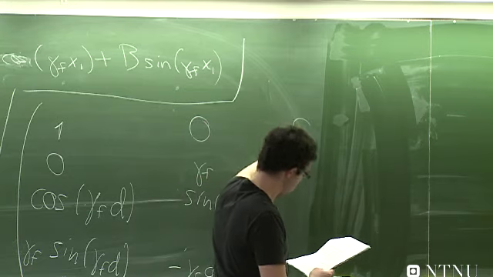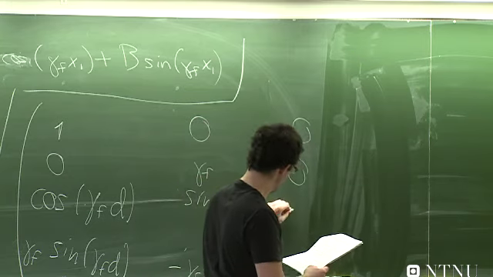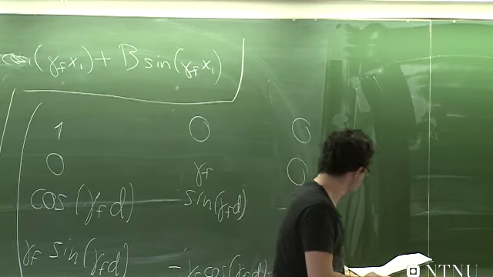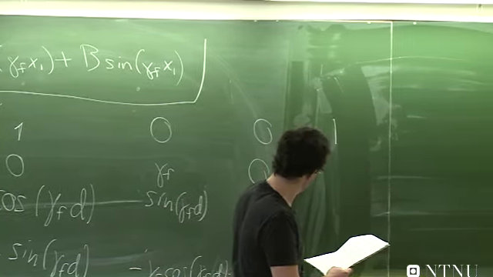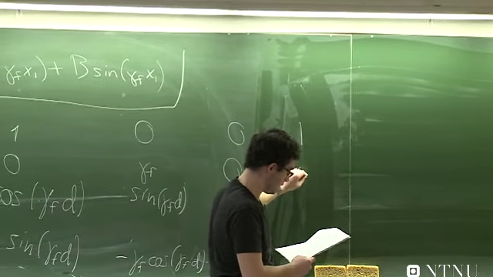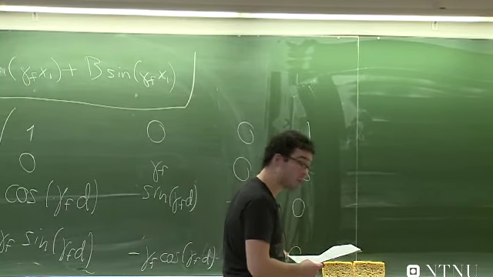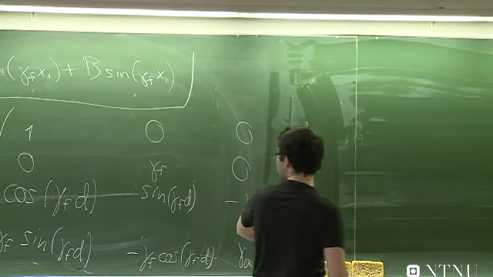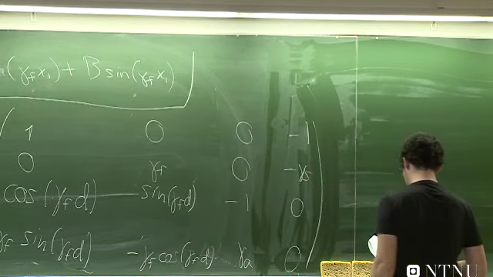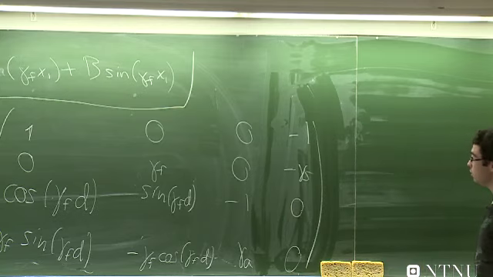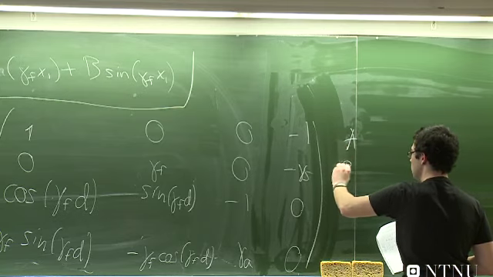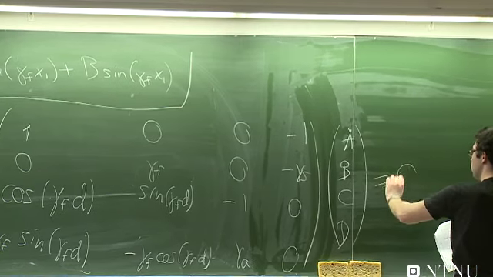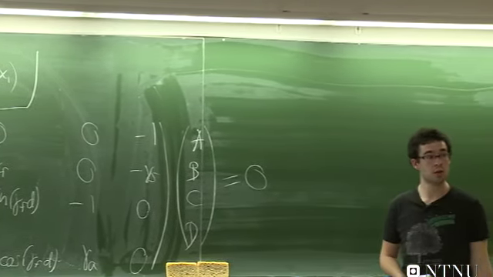It's 0, 0, minus 1, gamma a, minus 1, minus gamma s, 0, 0. Was there a question? No? Okay. Times the vector of unknowns, that's a, b, c, d, is equal to 0. So the right-hand side is 0.